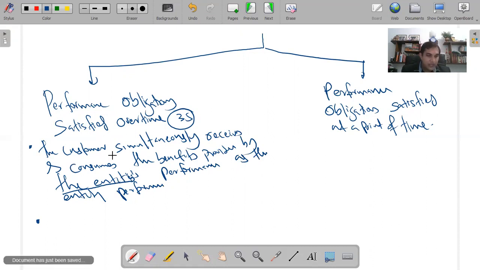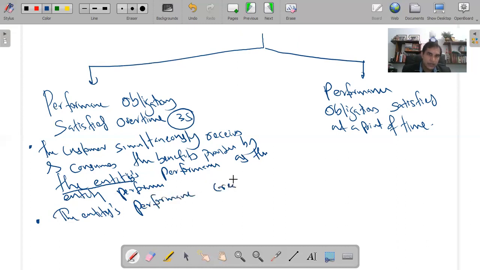the entity's performance creates or enhances an asset. Now, for an instance, there is a construction firm and a customer.